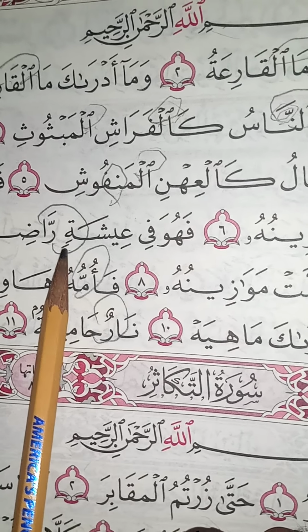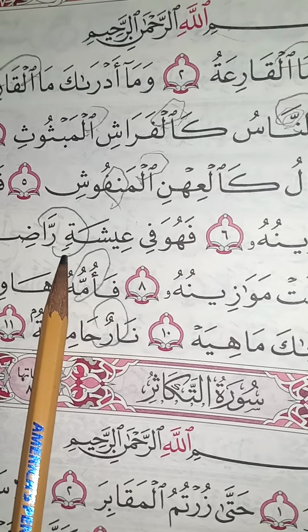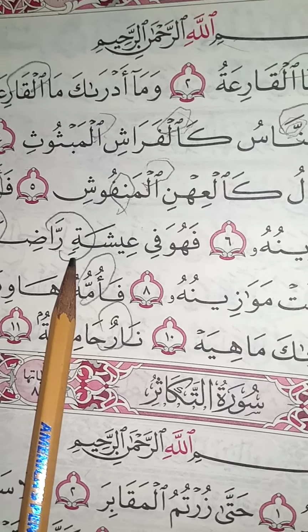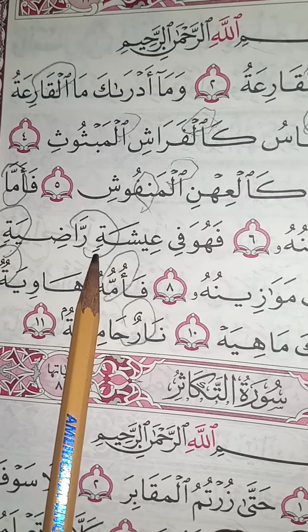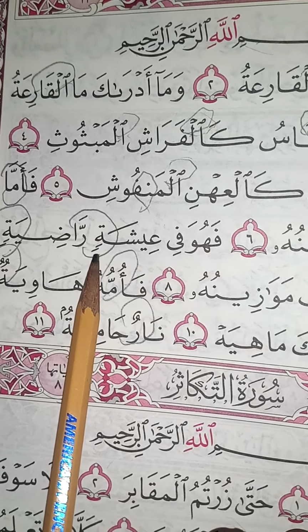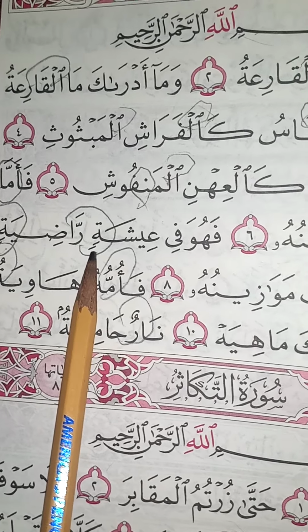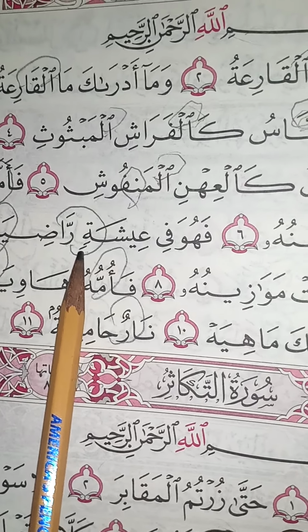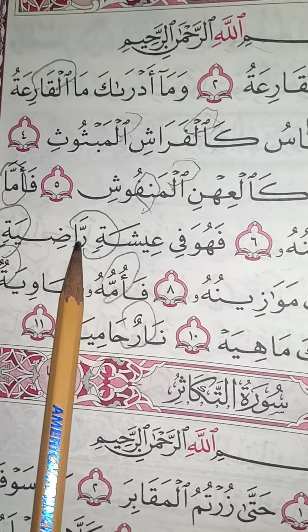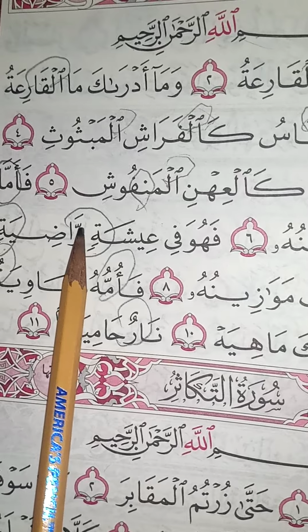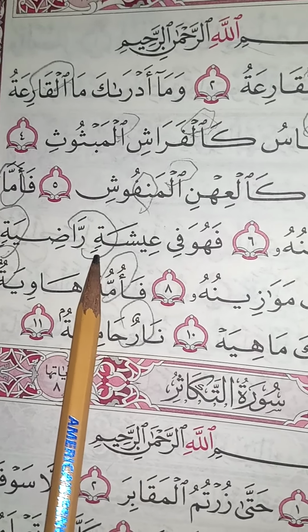Yes, the ra has a shadda, but where is the tanween? I didn't ask you where the ayah was. No, that has nothing to do with the shadda on the ra. We see that, but the tanween is fathatayn, kasratayn, dhammatayn. This is the tanween.